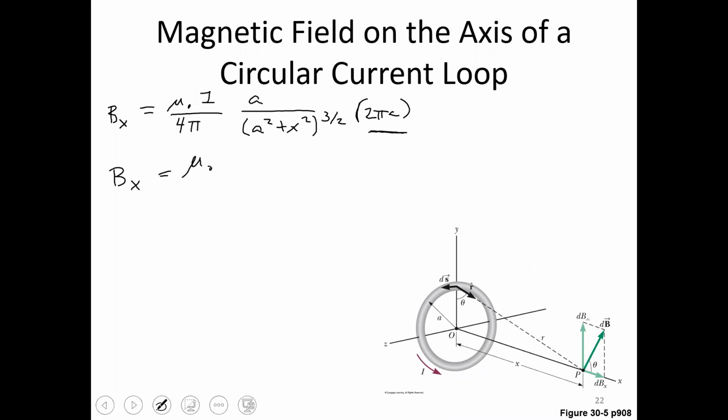we've got mu 0 I a squared over 2 times a squared plus x squared, to the 3/2 power. Let's make that neater.